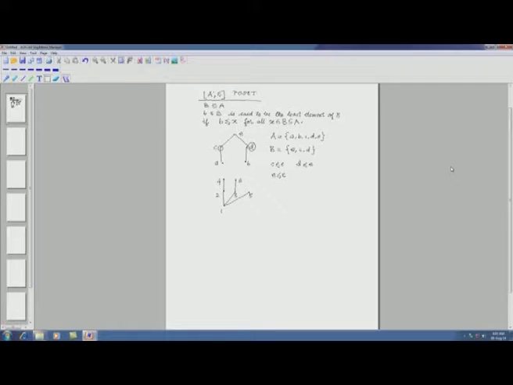Right. So, we have seen this example in the previous lecture.